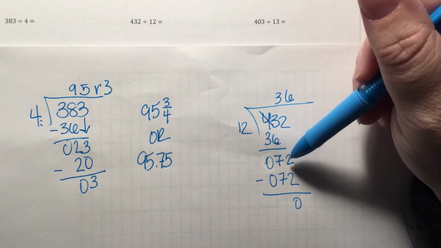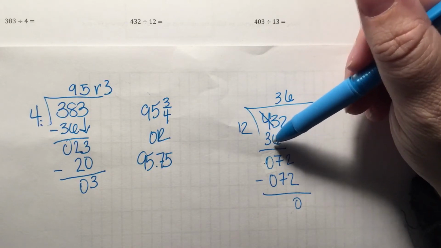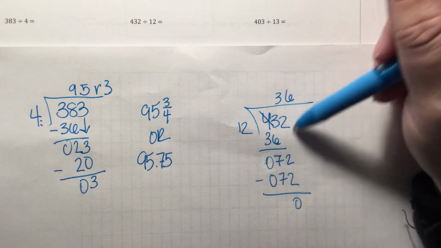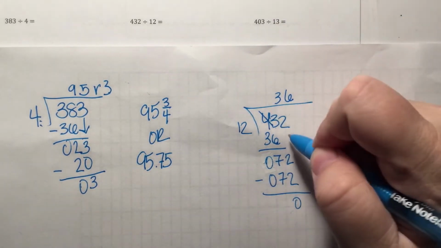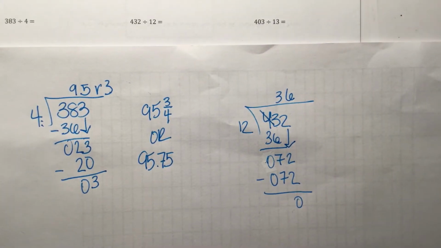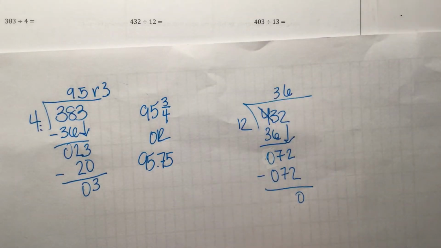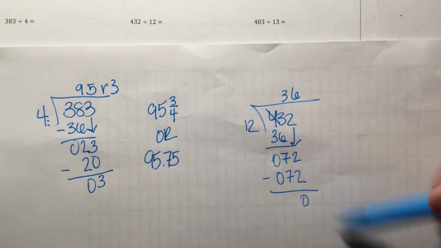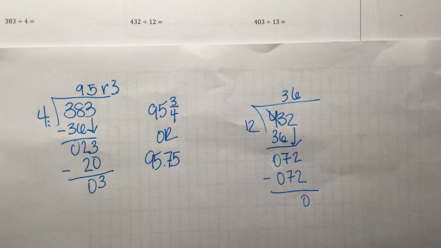So I did 4 and 3 is 7. You saw me do my little whiteout there. And so I bring my 2 down, oops, I forgot my arrow. Bring my 2 down, 72. So I have 12, 24, 36, 48, 60, then 72. So 6 times 12 is 72. Nothing left over. Feel free to check your answer on a calculator.